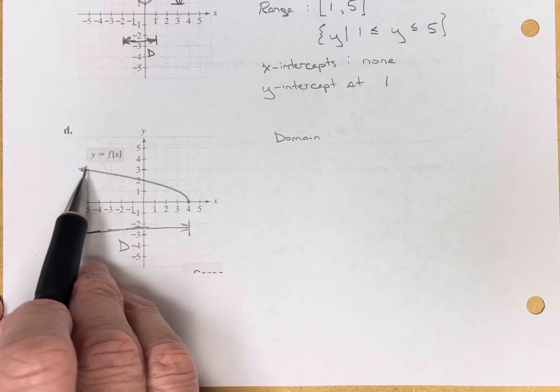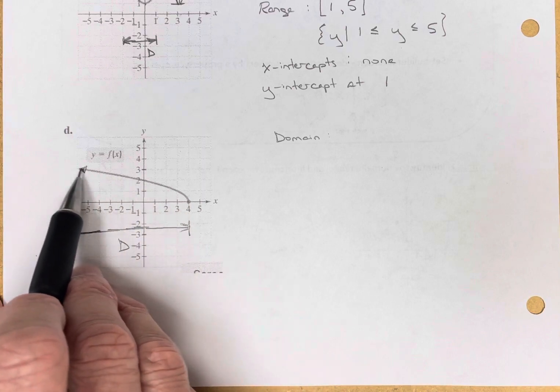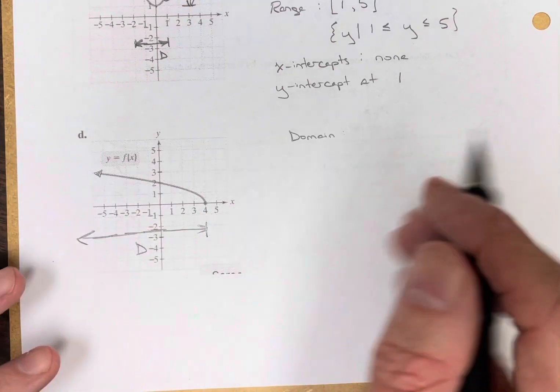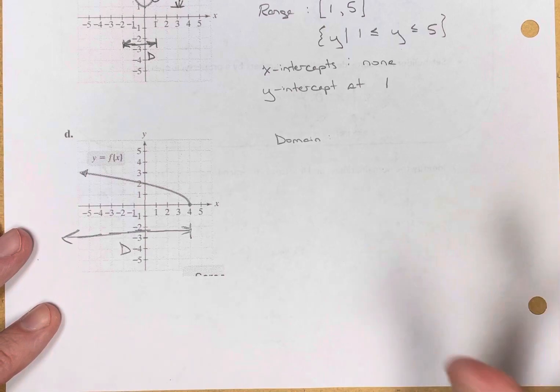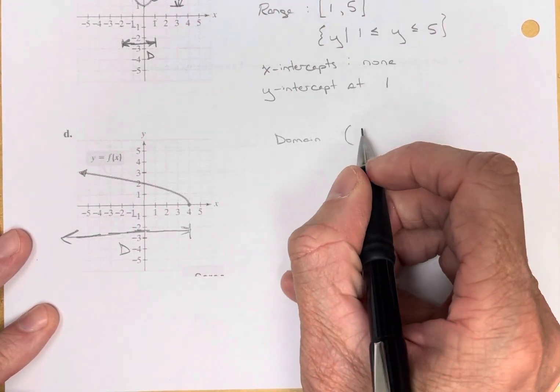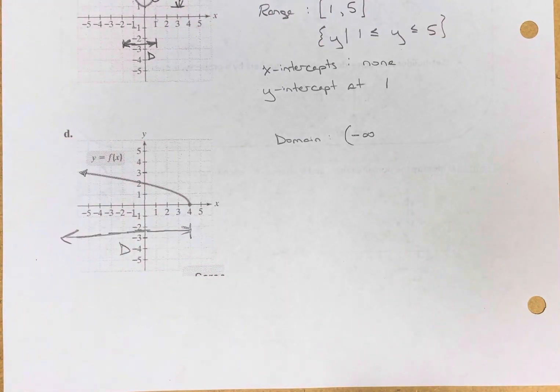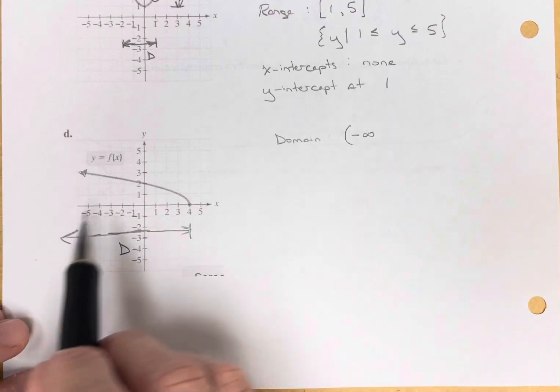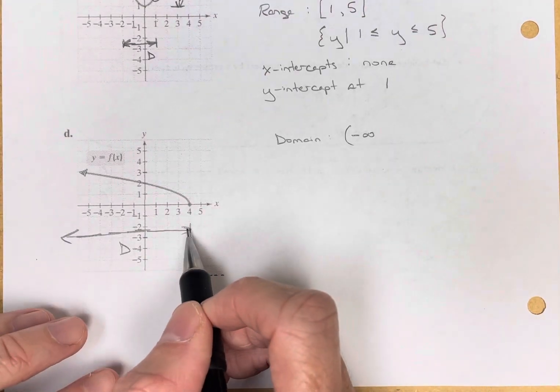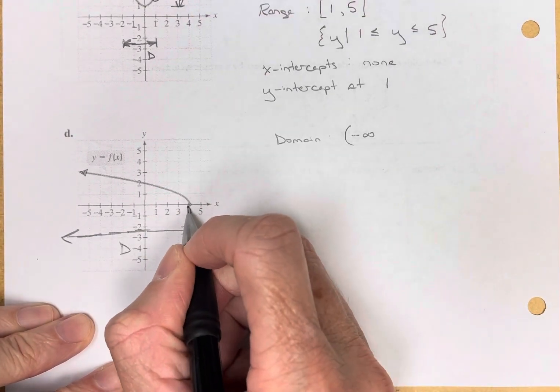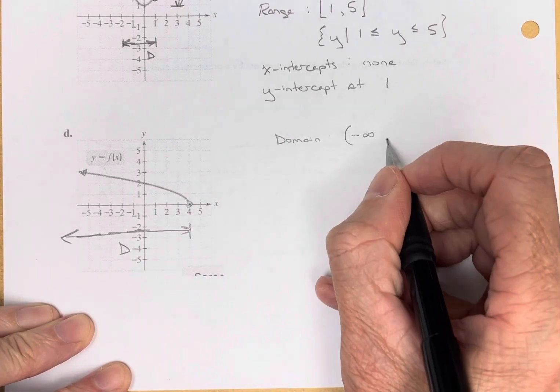This graph goes in the x direction, it just keeps going to -infinity. Our domain, infinity and -infinity always have an open parenthesis because they're not specific numbers. So our domain goes from -infinity and it stops at 4, and notice that 4 is a closed circle.